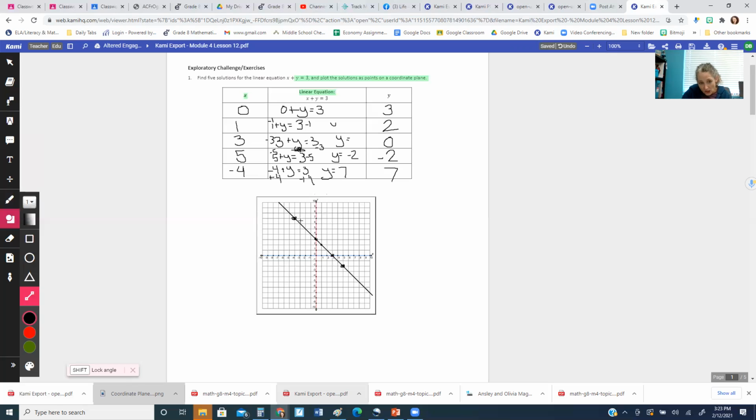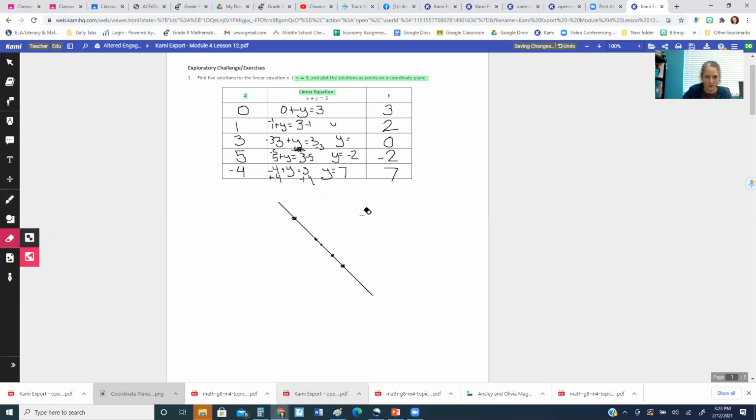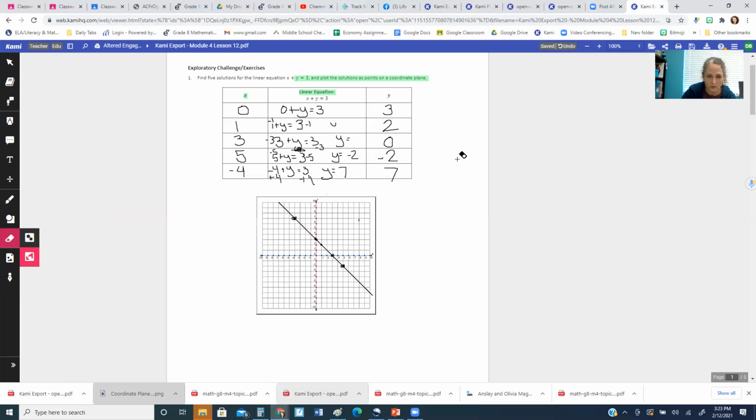Now, they all lie on that line. If I had some random point out like this, guess what that would mean? That would mean I made a mistake. But I did not make any mistakes, and so I don't have a random point out there. Whoa! Oh, that was bad. Oh, goodness. Don't try to erase on your thing. It erases. Don't erase your coordinate plane.